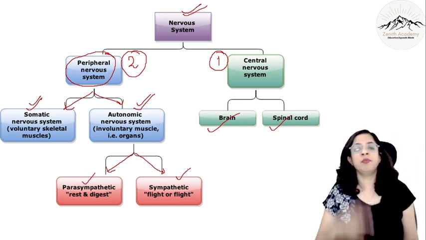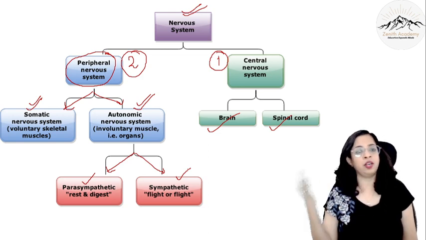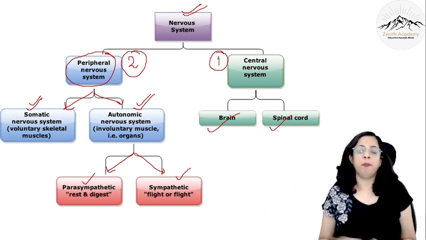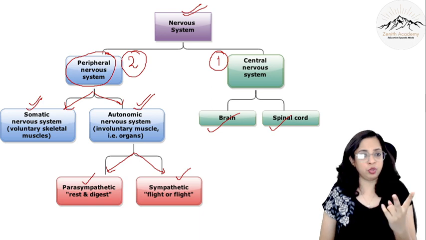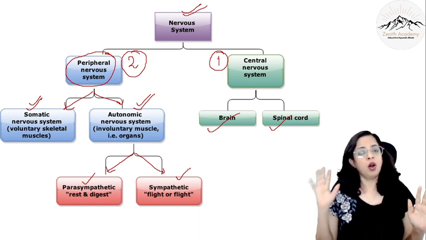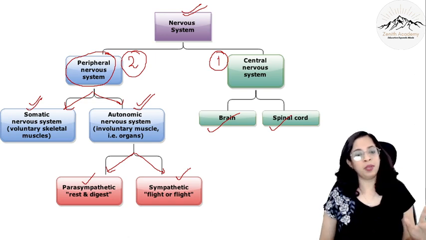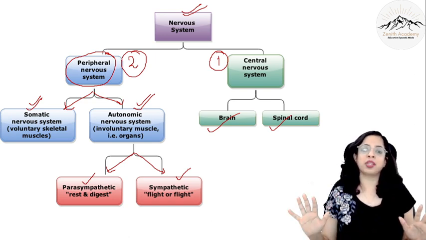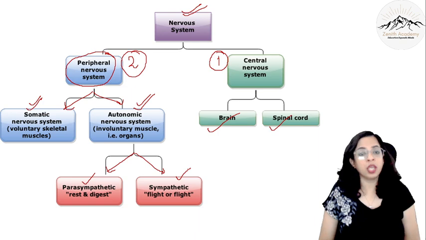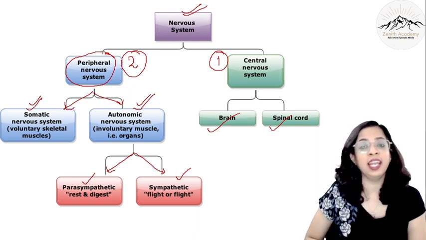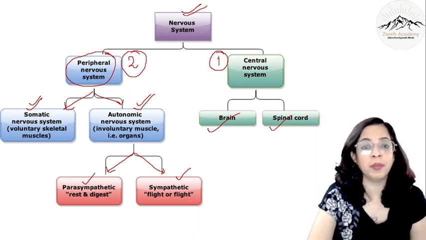So the nervous system is broadly classified into two, central and peripheral. Peripheral is again classified into two, somatic and autonomic. Autonomic is again divided into two, parasympathetic and sympathetic nervous system. We'll be talking about all these in detail in our coming lectures.